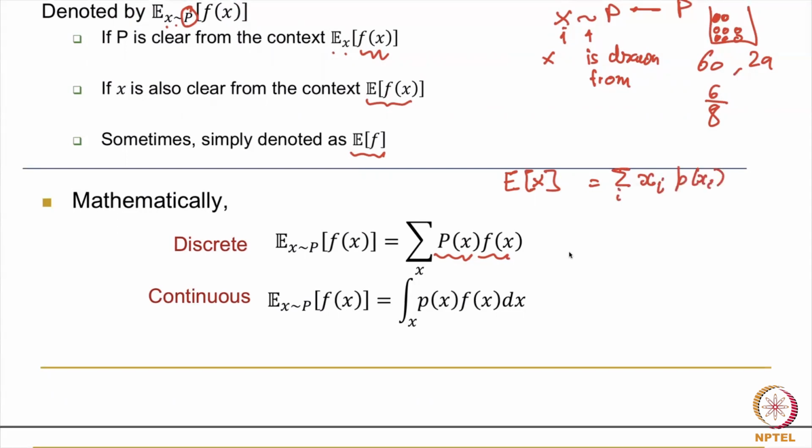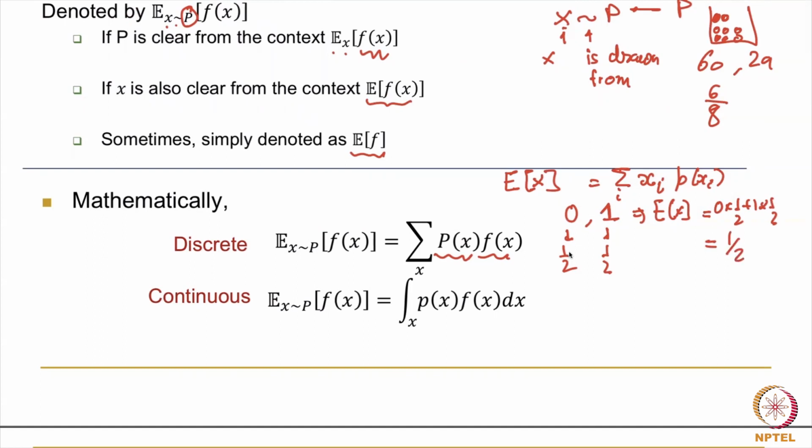For example, if I toss heads, which is 0, and tails, which is 1, and each of these has probability half, this is the probability mass function, then the expected value of this random variable X is 0 times half plus 1 times half, which is 1/2.